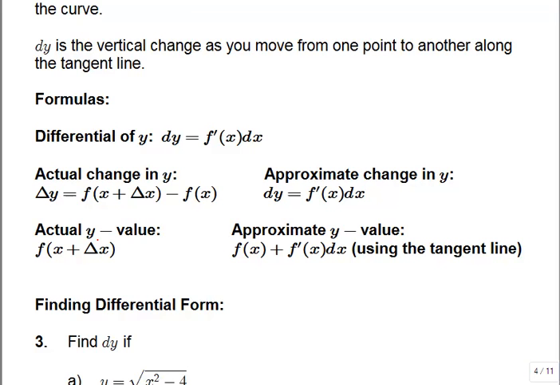The actual y value itself would just be f of x plus delta x, and we can approximate that by taking the good value f of x and adding to that this differential f prime of x dx. And this is basically that equation of that tangent line where we're plugging in that good point into our tangent line.